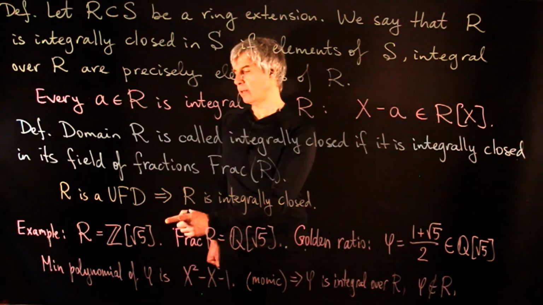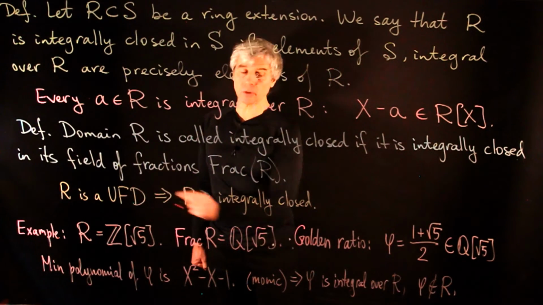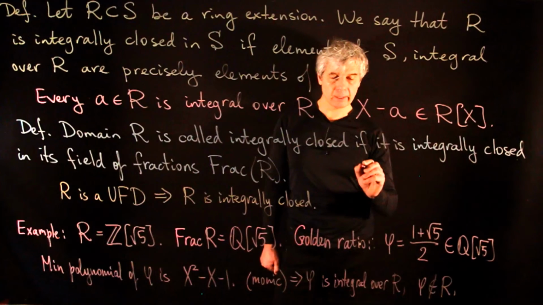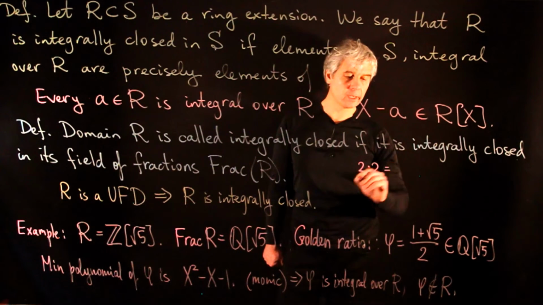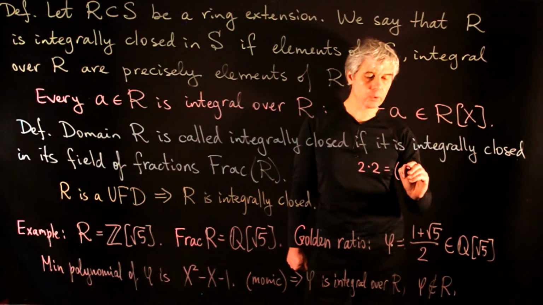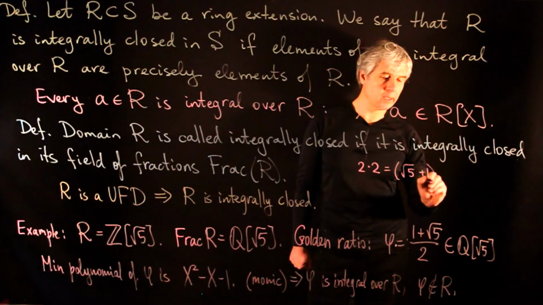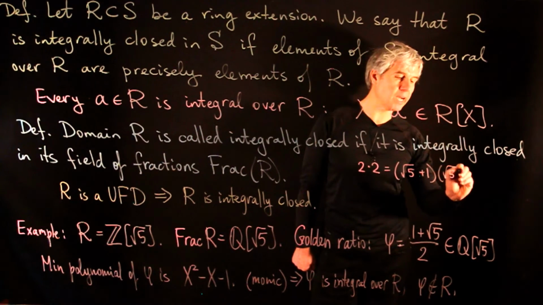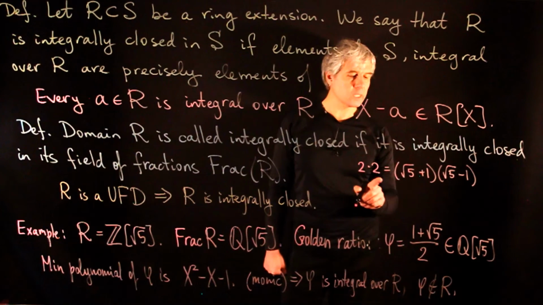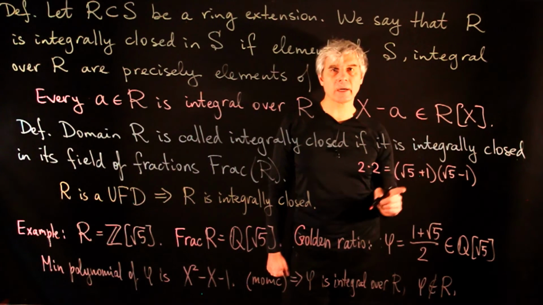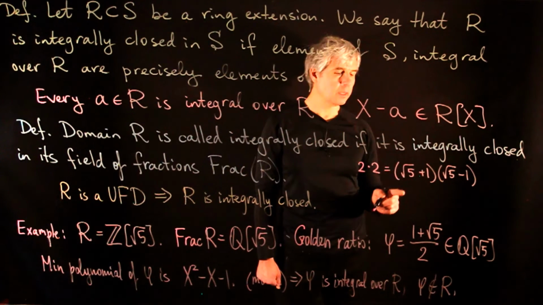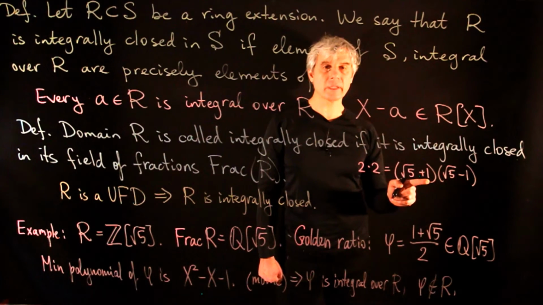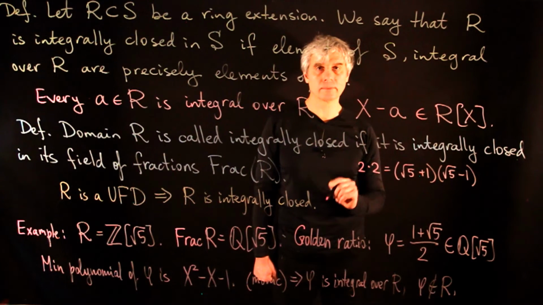As a corollary, we see that this ring is not a unique factorization domain. And indeed, in this ring we have 2 times 2, which is 4, equal to square root of 5 plus 1 times square root of 5 minus 1. And then we see that all these factors are irreducible, and this factorization is not equivalent. Square root of 5 plus 1 is clearly not a multiple of 2.